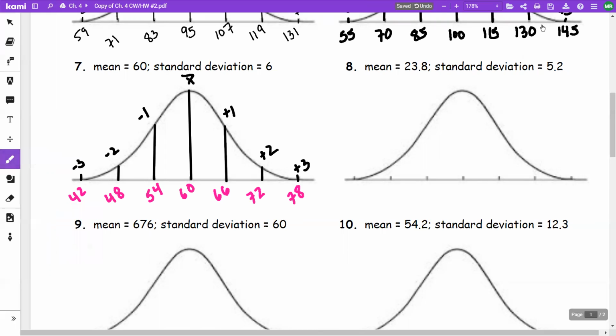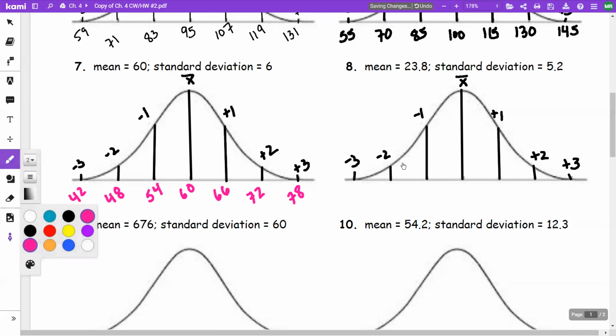And the last one of these here on number 8. Let me draw this out. So this is my mean, -1, -2, -3, +1, +2, +3.